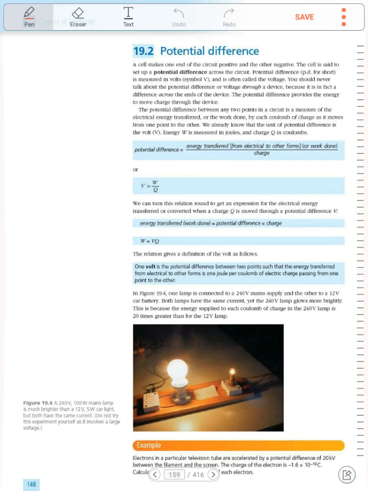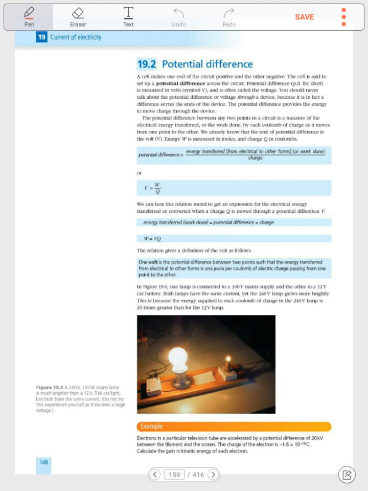Now, we have the potential difference expression. Voltage consists of two forms, potential difference or EMF. What is the difference between these? The potential difference is the amount of energy transferred from electrical to other forms per unit charge.